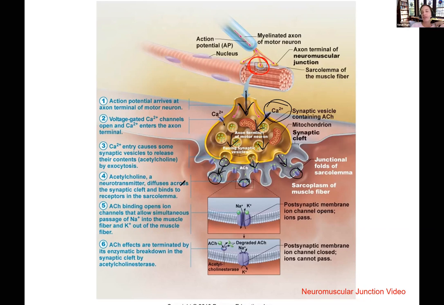Now this picture actually is showing you those little green acetylcholines binding to that purple receptor, so you can see that happening. And that's going to trigger the impulse to now spread down that sarcolemma and eventually down the T-tubules. Okay, so this is the same thing we just drew out, but it's just in the textbook image.